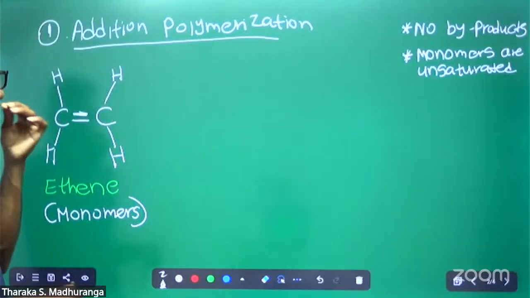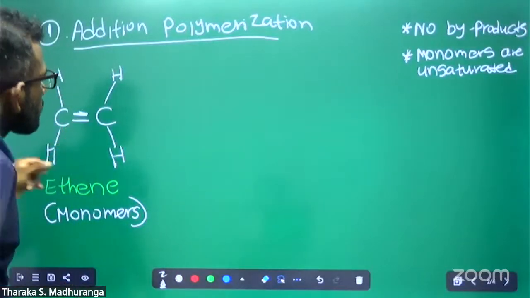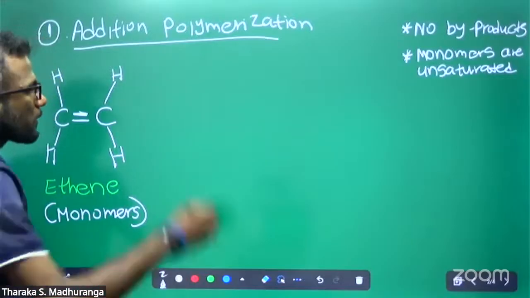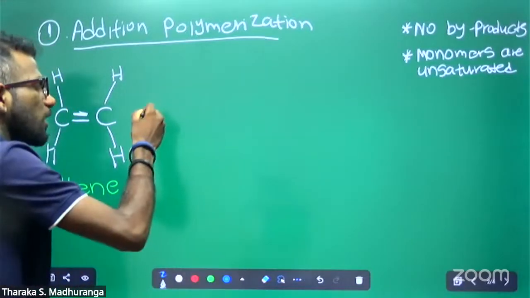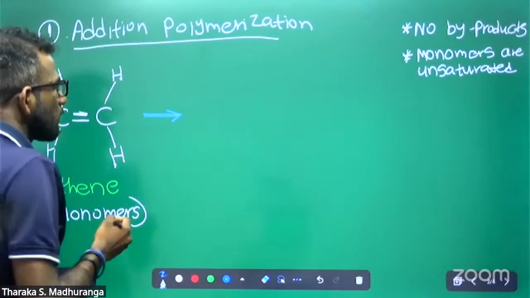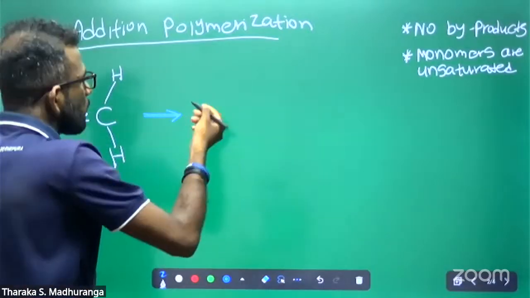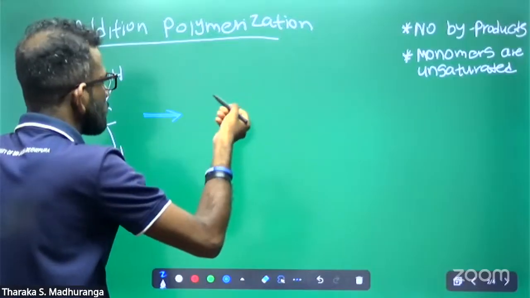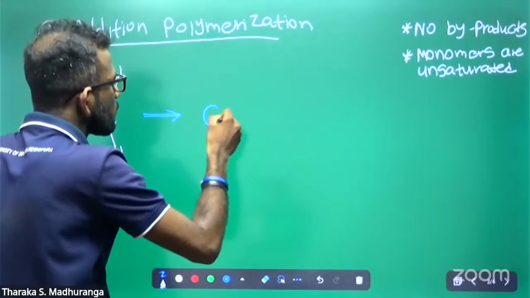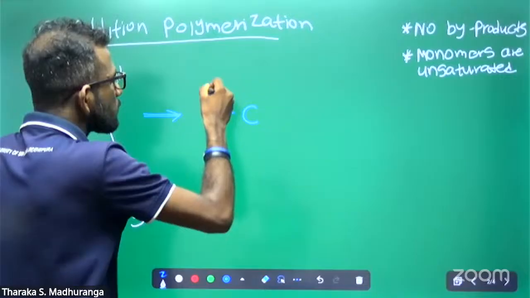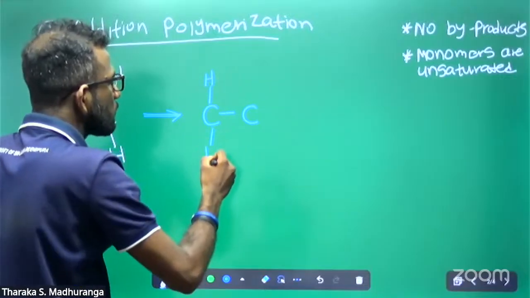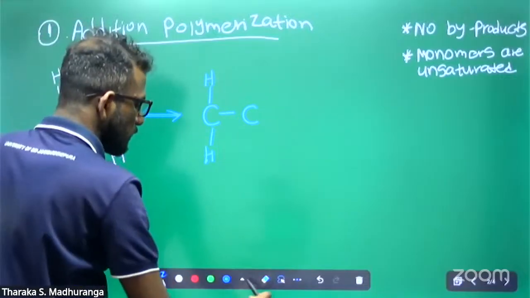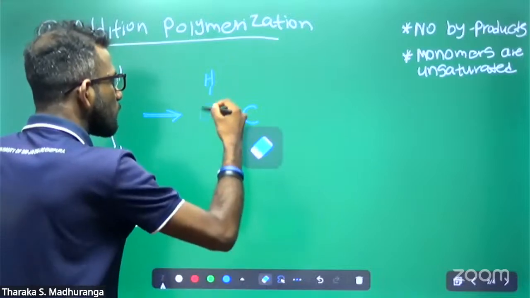Okay, the polymerization process I have given in the tube. One bond is removed; that's the meaning of polymerization. Then a structure like this is produced. Ethene is modified like this, I will draw in white color.